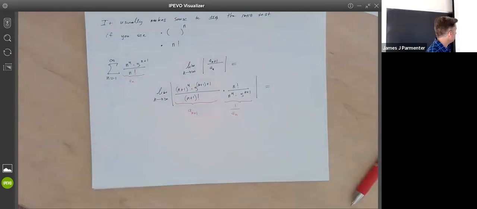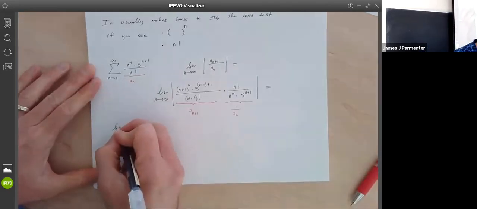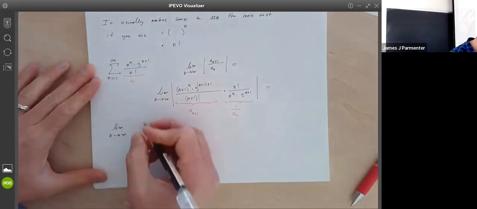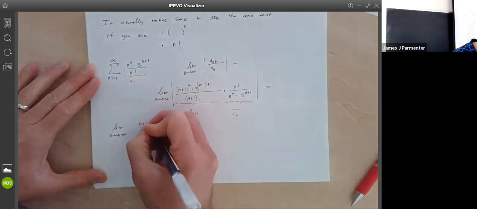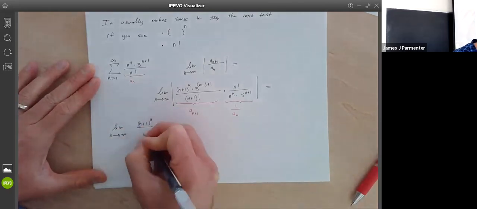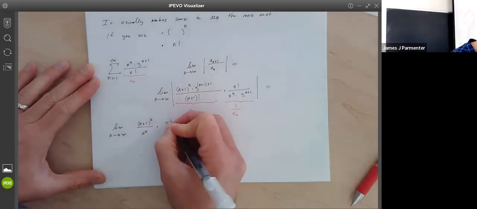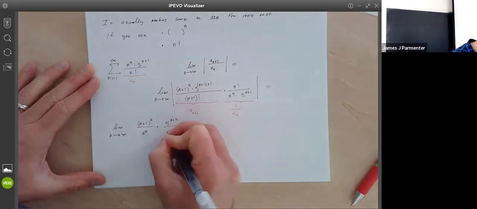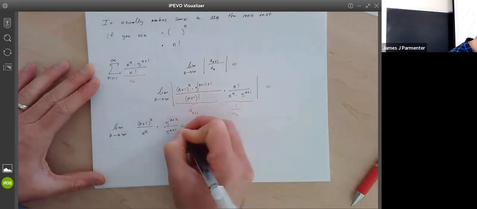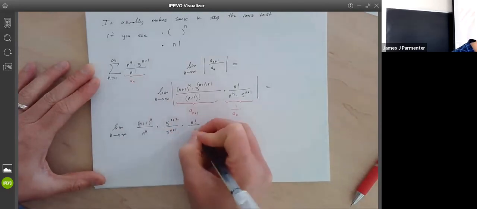Okay, so now, just like before, we're going to combine the like things together. So I'm going to write this as the limit as n goes to infinity of n plus 1 to the 4th over n to the 4th, and then 5 to the n plus 2 over 5 to the n plus 1, times n factorial over n plus 1 factorial.